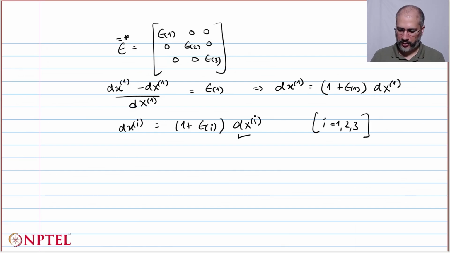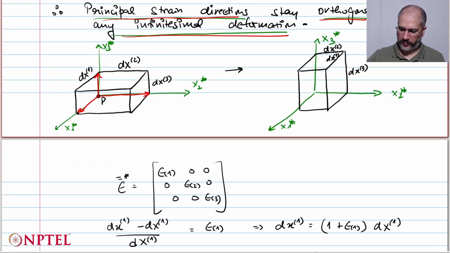And remember, these dxi's are along the principal coordinate directions. So what we are doing is we are trying to express the sizes, if I go back to the figure here, these sizes dx1 in relation to dX1, dx2 in relation to dX2, and dx3 in relation to dX3.